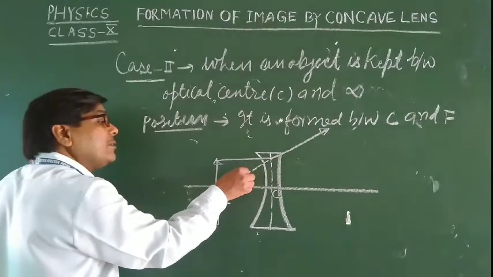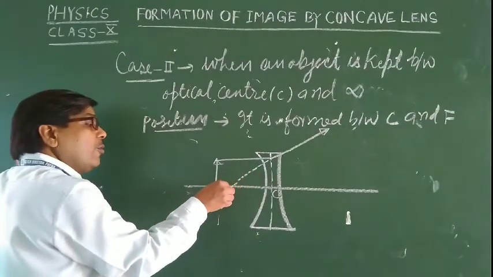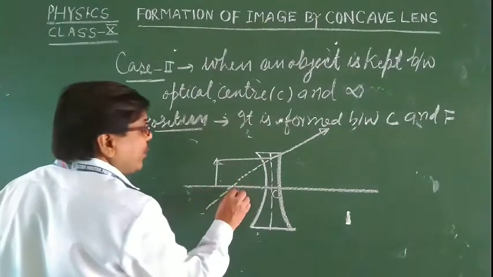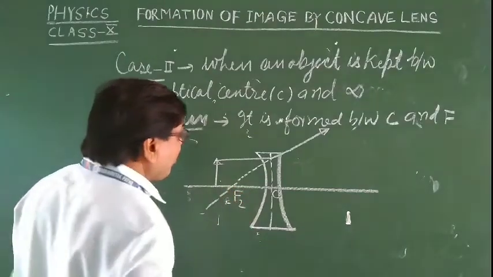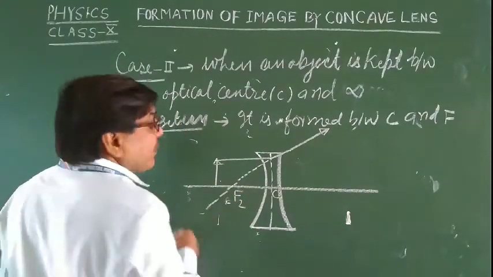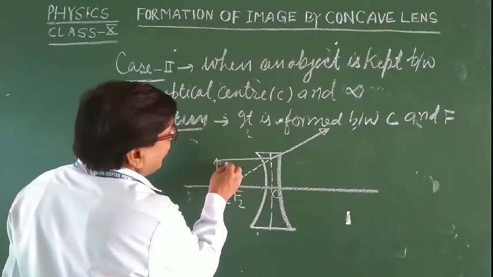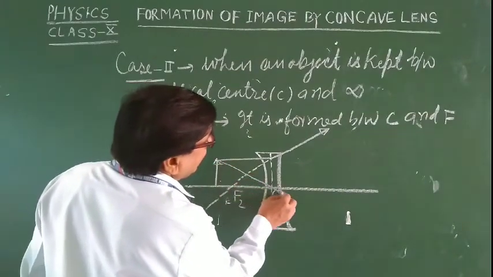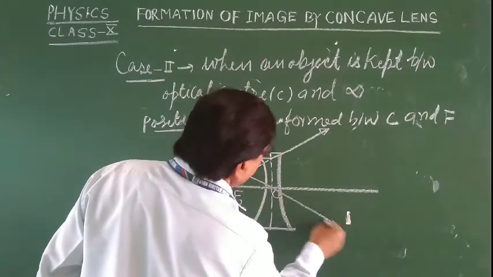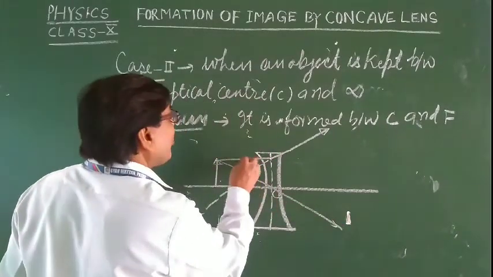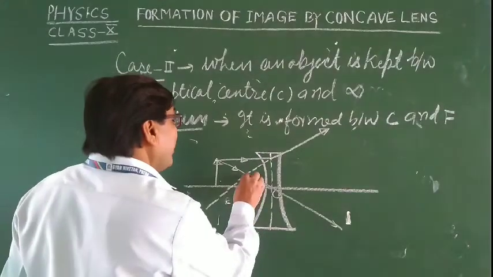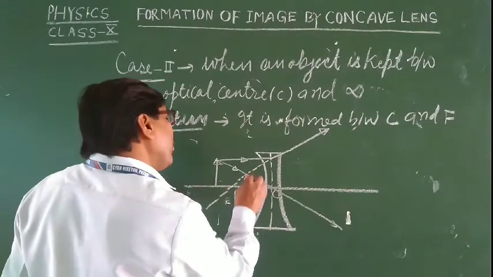Now, second rule applied: the incident ray passes through the optical center and moves straight, where the image is formed.